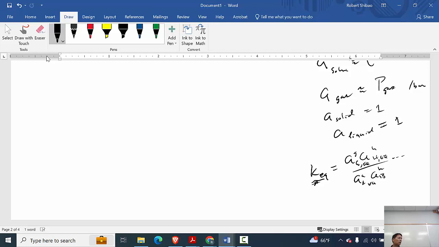And so Q and K are the same thing if they're both at equilibrium. If the initial conditions are at equilibrium, then Q initial is equal to Q equilibrium.